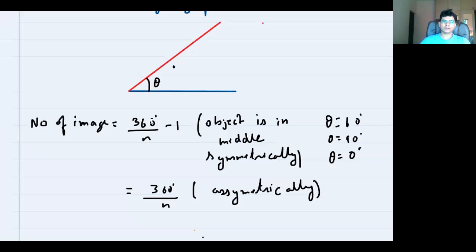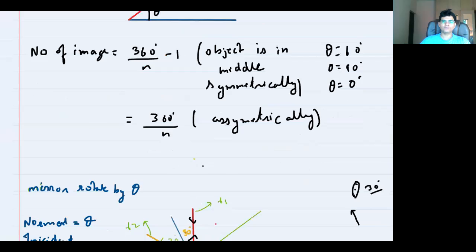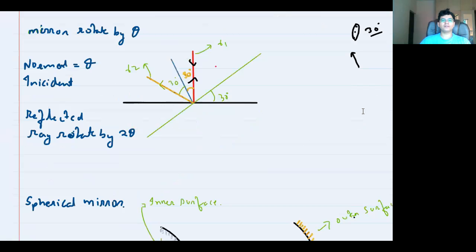Now when you talk about any other position, then it is 360 degree by theta. It is theta, not n. Theta is the angle. Now after that we studied what will happen if the mirror is rotated.